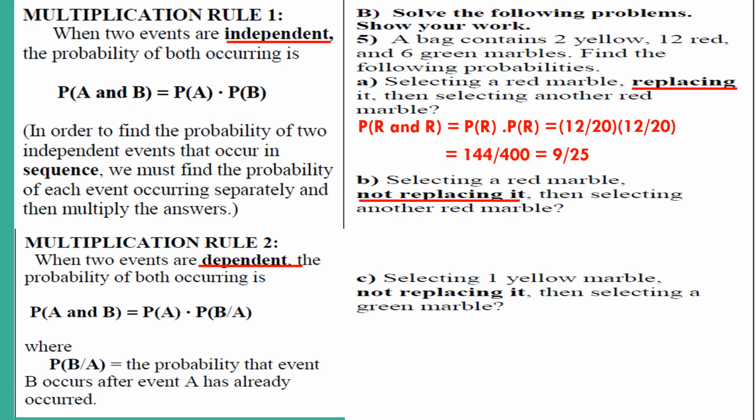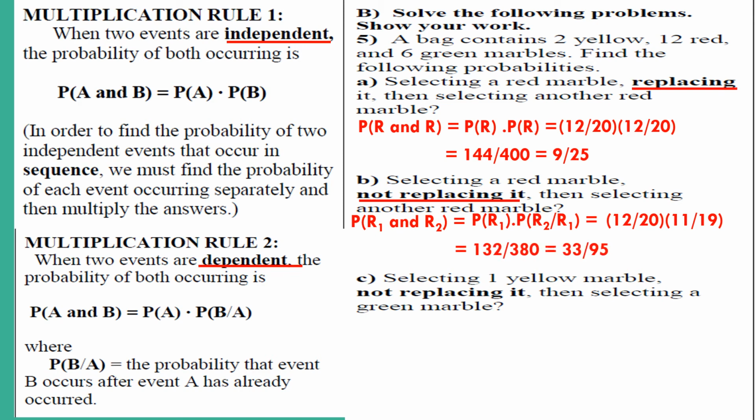We have the probability that the first is red and the second is red equals the probability that the first marble drawn is red times the probability that the second marble is red given that the first marble is red. So, we substitute the values. We have 12 over 20 times 11 over 19, which is equal to 33 over 95.